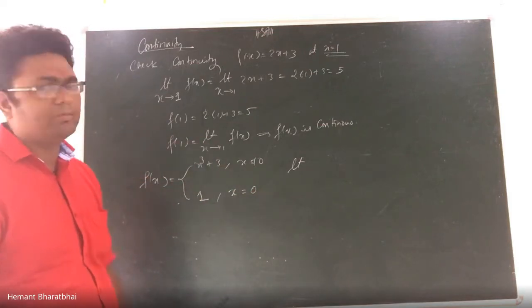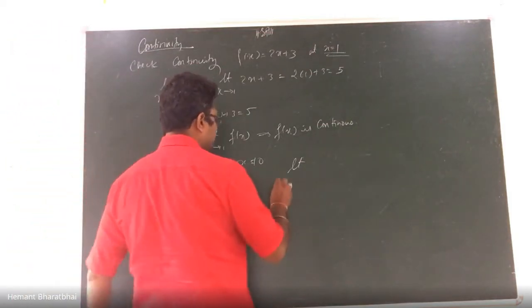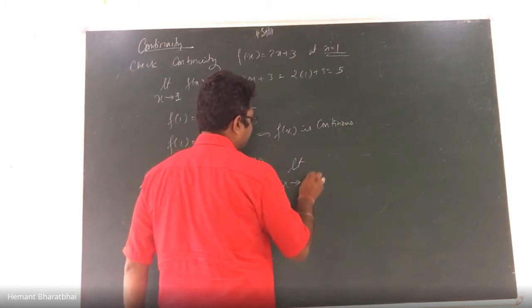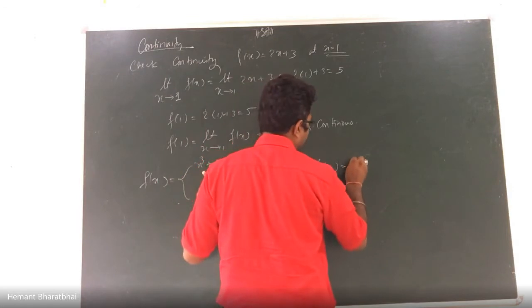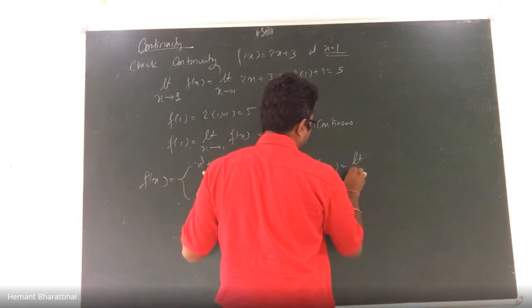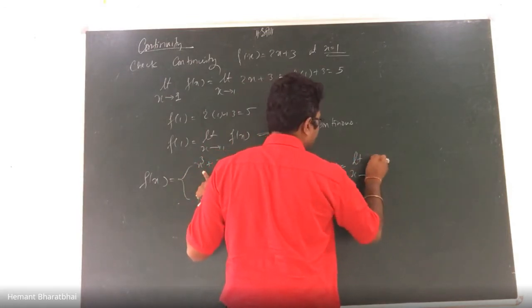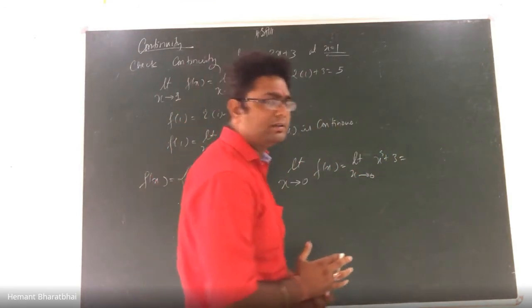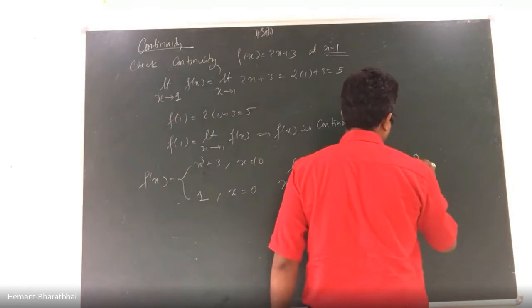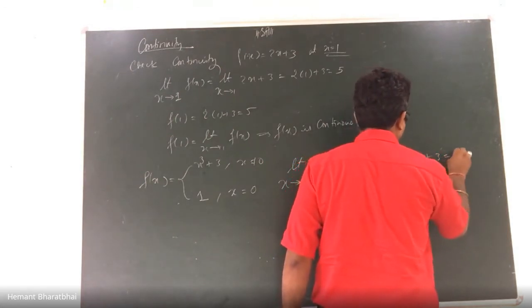So again we will have to go by the second definition. First we find out limit of x tends to 0 f of x. So that will be limit of x tends to 0 x cubed plus 3. That is going to give me the answer when I substitute the limit, 0 plus 3, which is 3.